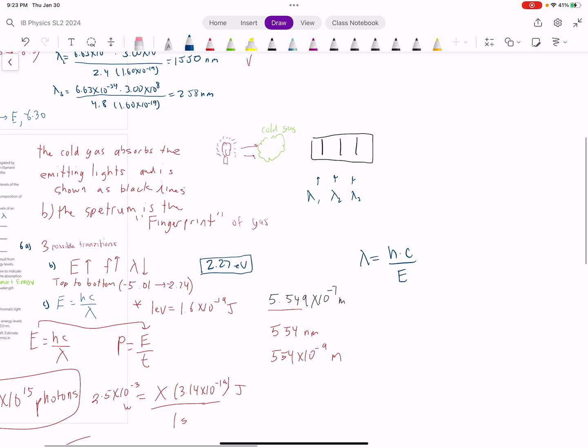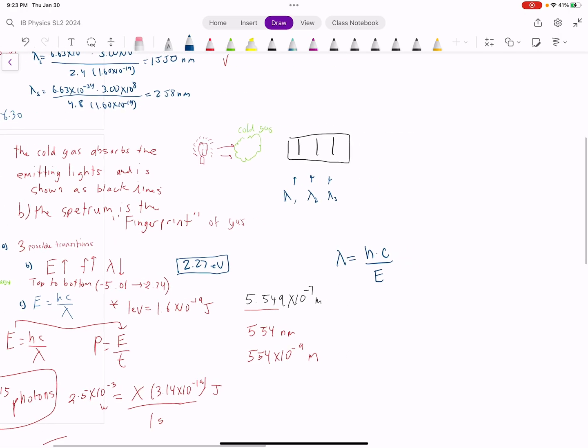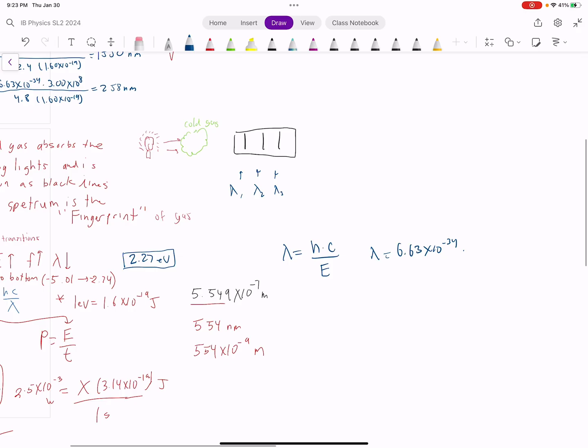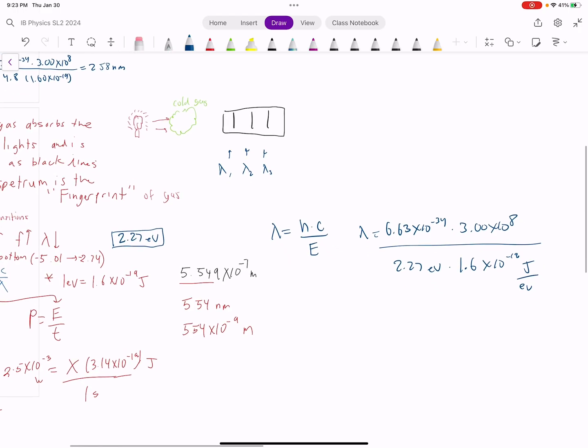So you have to convert this: 6.63 times 10 to the negative 34 times the speed of light, divided by 2.27 electron volts, but then you have to convert it using 1.6 times 10 to the negative 19 joules per electron volt.